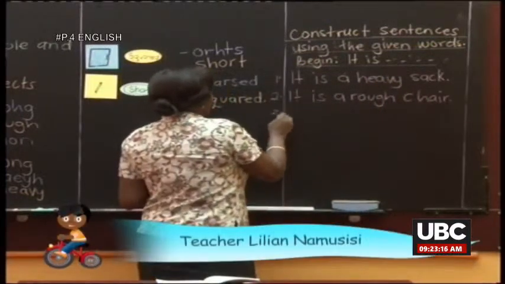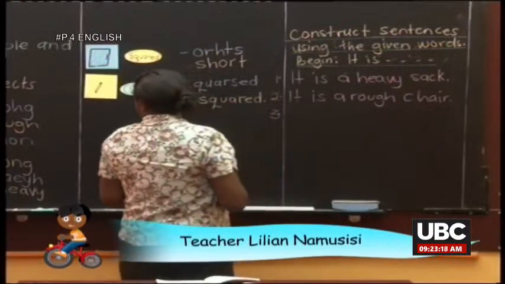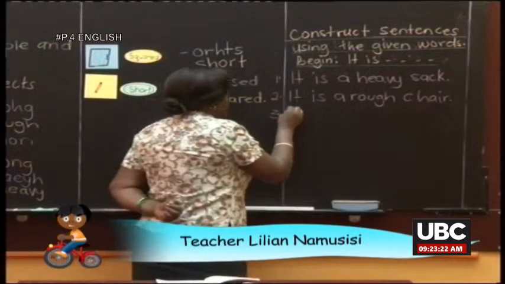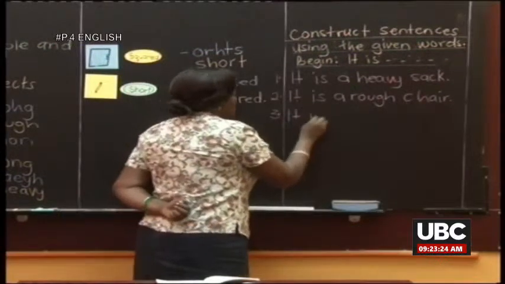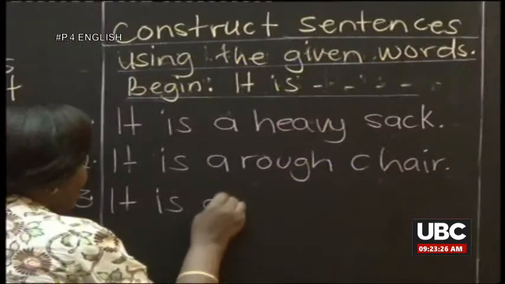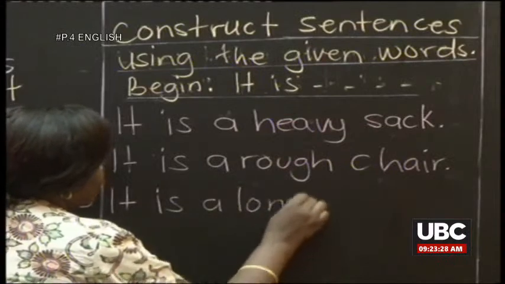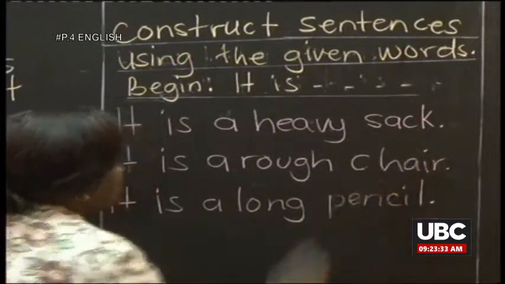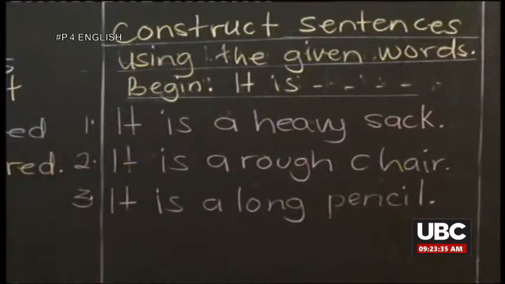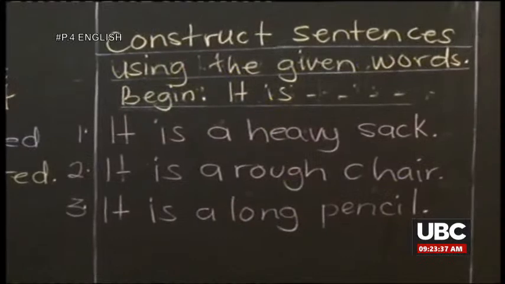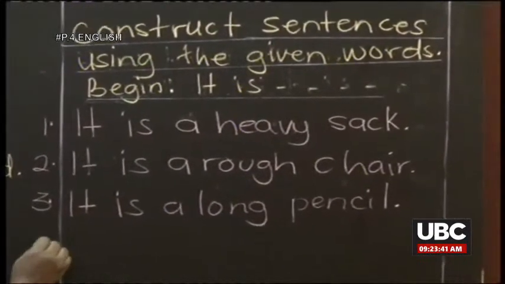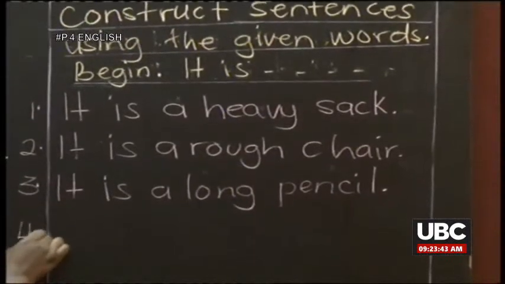Let's continue. Number 3, long. We say, it is a long pencil. It is a long pencil. Your mother bought for you a pencil, so you can describe it as a long pencil or a short pencil. Let's go to our 4th sentence.